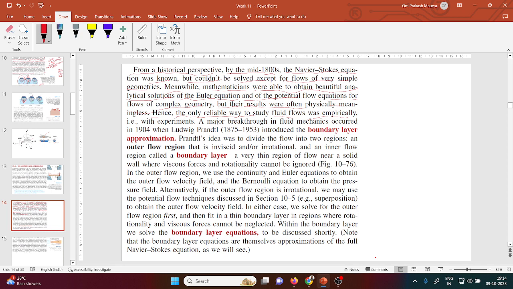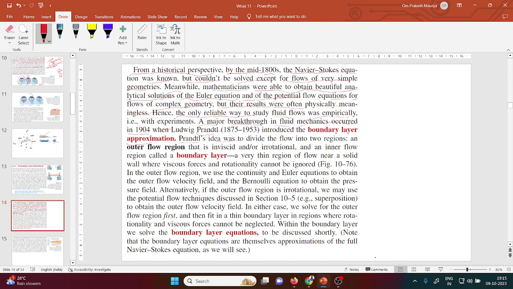A major breakthrough in fluid mechanics occurred in 1904 when Prandtl introduced the boundary layer approximation. So in 1904 the boundary layer approximation was introduced by Prandtl.